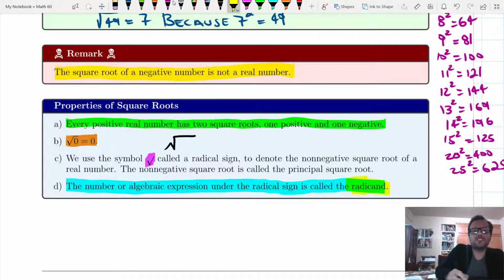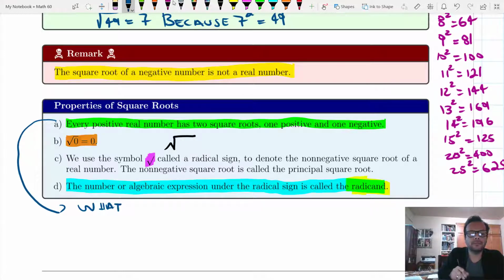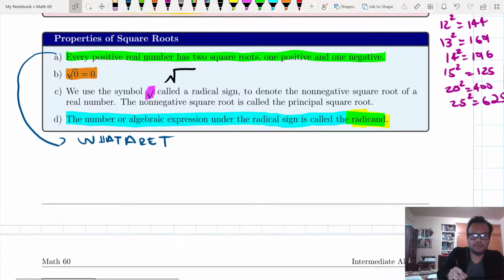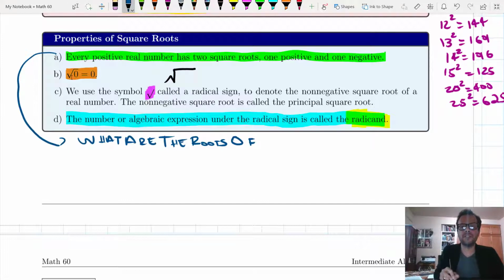Speaking of the first property, when you look at the homework, you are going to have questions like the following. What are the roots of, we already did 49, let's do another one, 64?